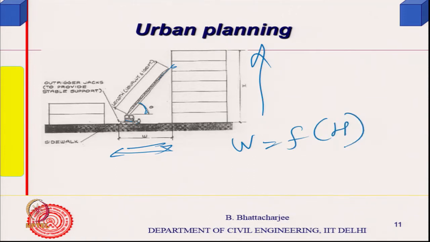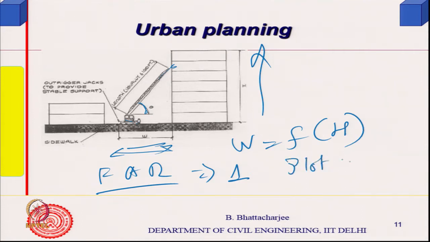And one way of controlling this is through what is called floor area ratio. What is floor area ratio? Basically, total floor area divided by the plot area. So, supposing floor area ratio is equal to 1, then plot area is the same as floor area.